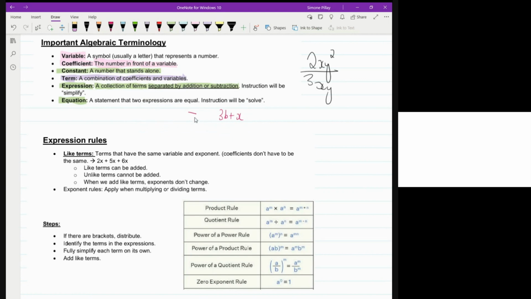Now, when you're in your test or in your exam and you're wondering, okay, wait, is this an expression or is this an equation? When you have an equation, your instruction is going to be solve. But when you have an expression, your instruction there will be simplify. So that's another way that you can tell the difference between expressions and equations.